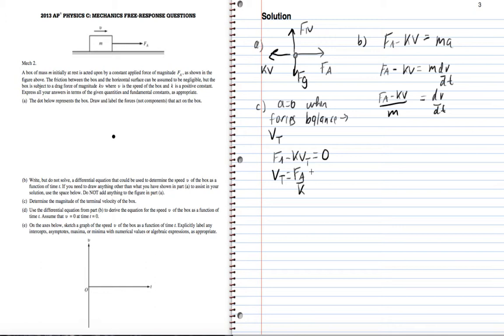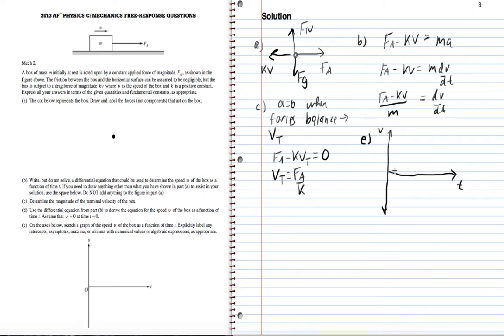Now, finally, we are going to be able to, you know what? I'm going to skip to part E, actually. And the reason is I want to show you something. So we have the velocity as a function of time.